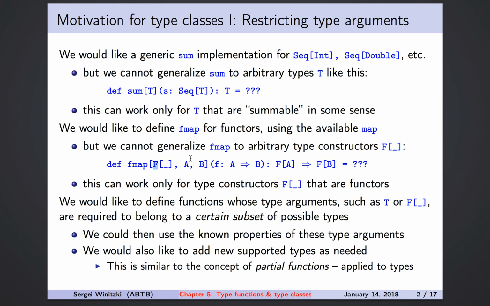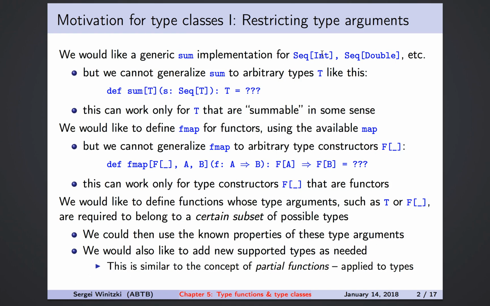So if we are able to do that, which is the whole focus of this tutorial, then we can use the known properties of these type parameters in the implementation of these functions. Also, we would like to be able to add new supported types whenever it's needed.